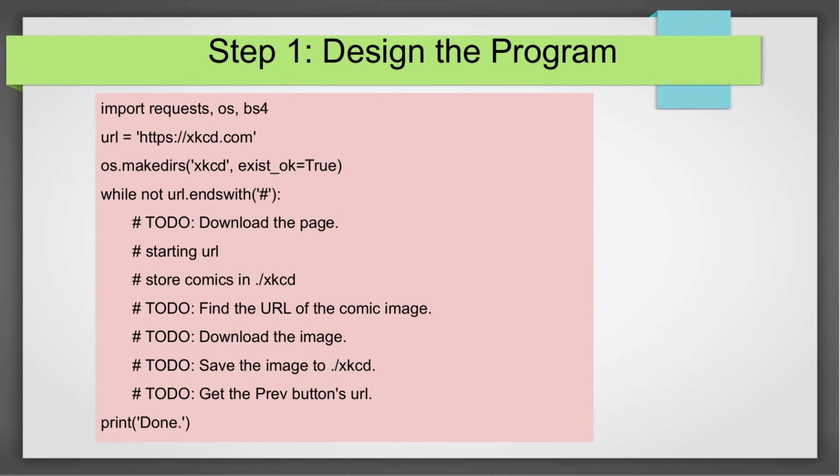You'll know to end the loop when url ends with #. You will download the image files to a folder in the current working directory named xkcd. The call os.makedirs ensures that this folder exists, and the exist_ok=True keyword argument prevents the function from throwing an exception if this folder already exists. The remaining code is just comments that outline the rest of your program.